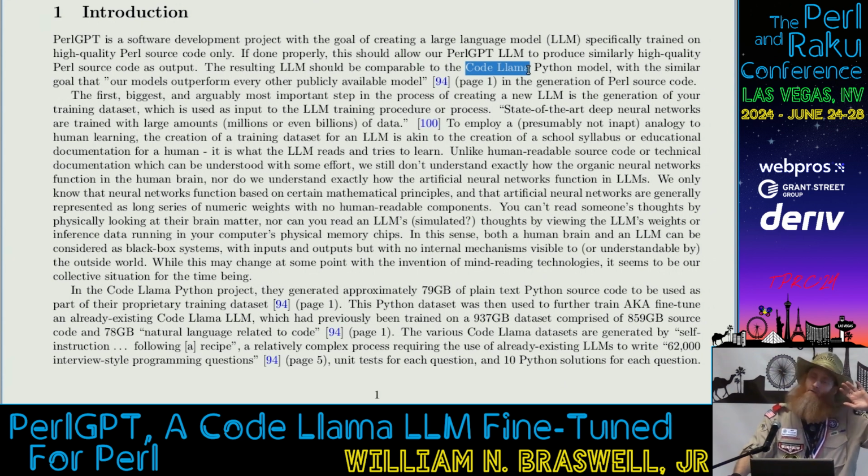So they've got Llama Python, and by golly, it's a good model for that dang snake language. So we've got to create Llama Perl, which is essentially the Perl-Llama is another internal code name for PerlGPT. That's what this project is.